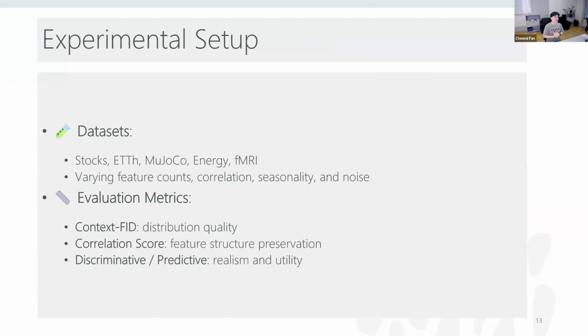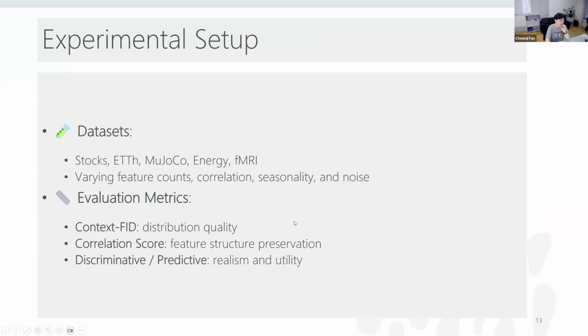And about the experimental setup, we evaluate our framework on 5 datasets from diverse domains. Stocks and energy are financial and environmental datasets with seasonality and correlation. Musical comes from simulated physics, while fMRI is a highly complex brain signal dataset.